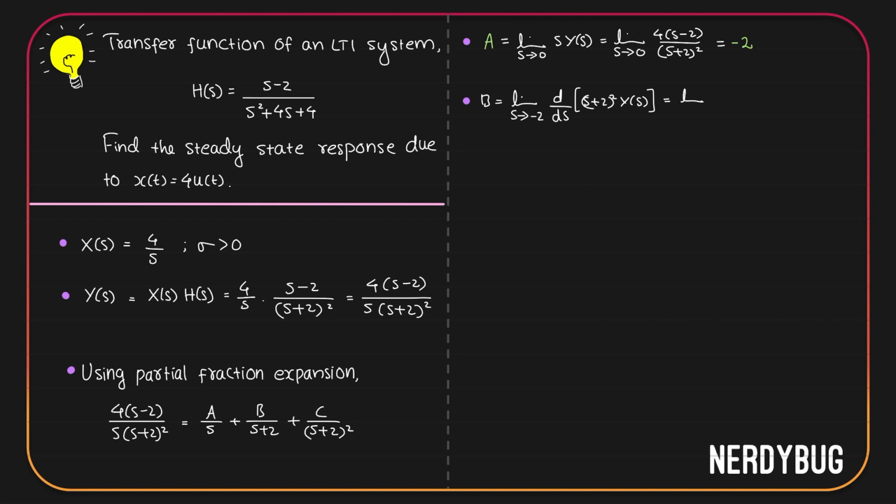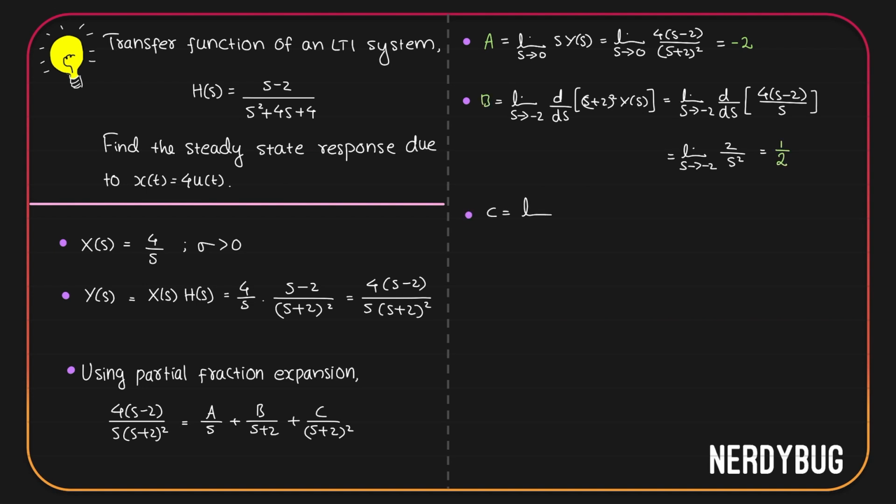Now y of s times s plus 2 whole square is 4 into s minus 2 divided by s. So this becomes limit s tends to minus 2, derivative of 4 into s minus 2 by s. If you do that, you will get 8 by s square. Now let us give s equal to minus 2. So this is 2. The value of b is 2.